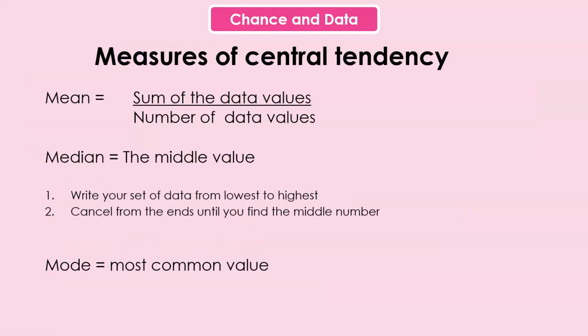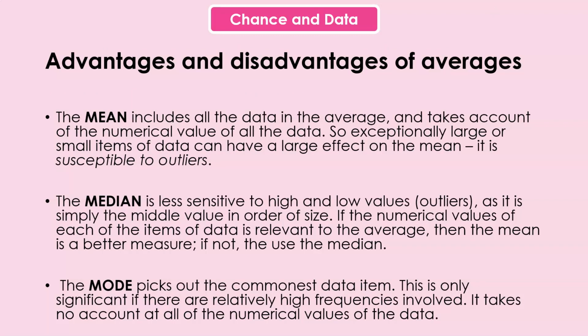So the big question is, now that we've got these 3 measures of central tendency, what is the point? What is the reason why we have 3 different ones? And it's because they have different advantages and disadvantages depending on what context you're looking at. So the mean is useful because it includes all the data, and depending on your point of view, that might be a good reason to use it.